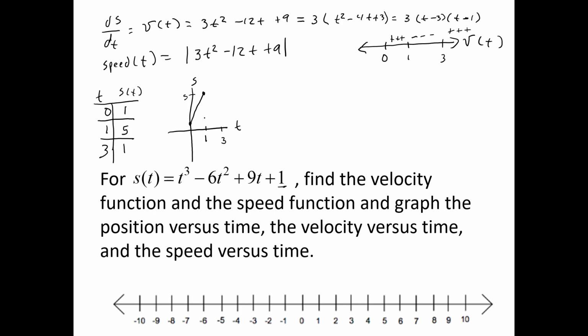And then we will come down, and we'll come to 3. At 3, we will get back to 1. And then once we get past 3, we start going back up again. And then we just keep going up forever. Not keeping track of inflection points or things like that. But here's what it's doing, right? Here's a quick sketch with only 3 points, and that's what we're going to be fine with.